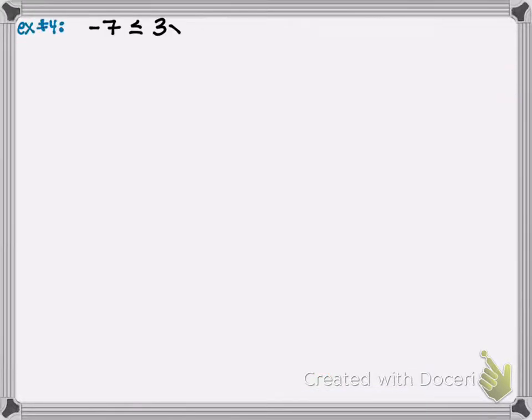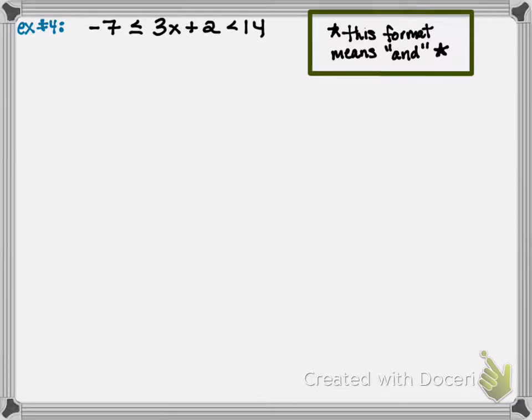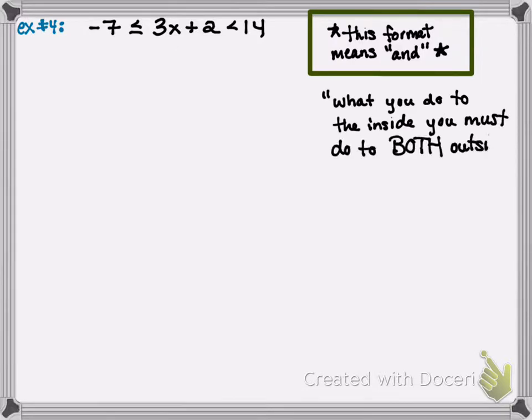Fourth example. This is a different format. It means and. So anytime you see a combined inequality, so two inequality signs with one statement, it means it's an and statement. So what you do is you solve the equation, but what you do to the inside, you have to do to both of the outsides.